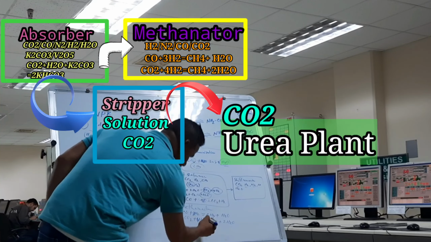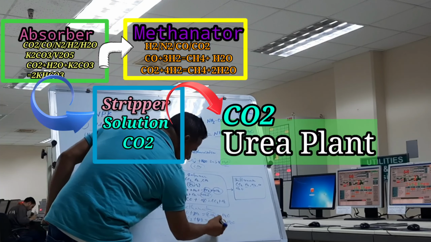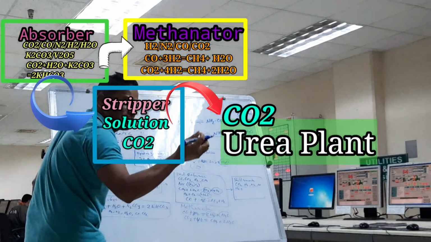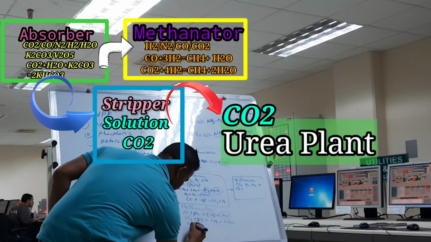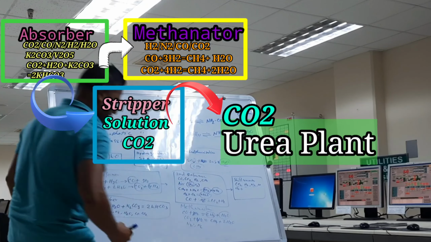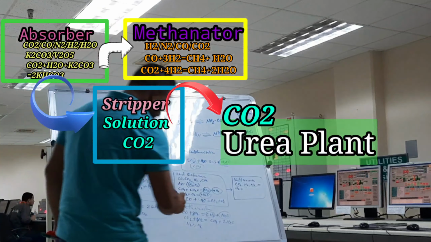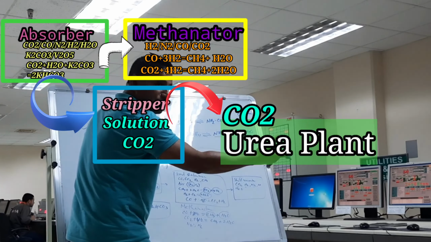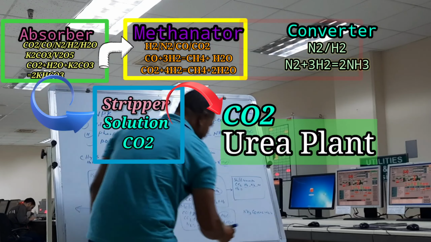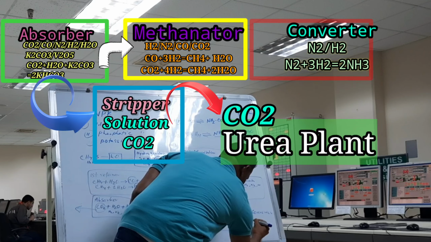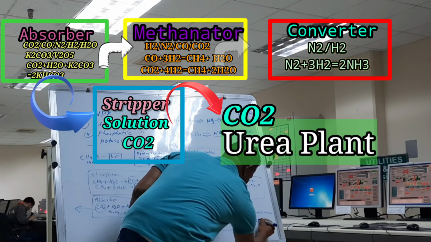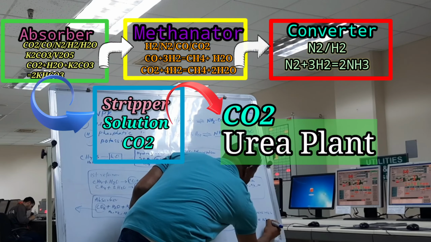So finally we get this methane and this steam, and also the unconverted nitrogen and hydrogen. Okay? So this nitrogen and hydrogen will go to the ammonia converter. This nitrogen and hydrogen react and create ammonia, NH3.